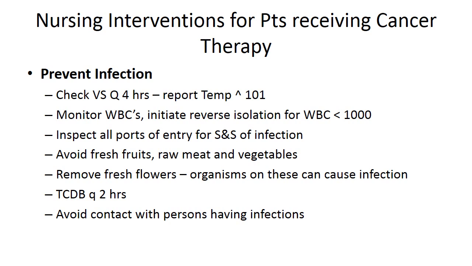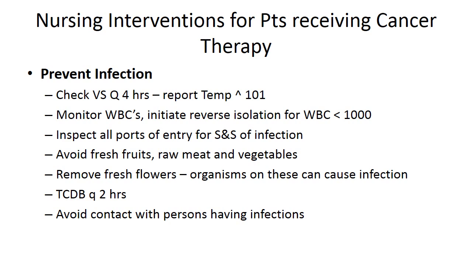Inspect all ports of entry for signs and symptoms of infection, including your IV sites, your central line insertion sites, your arterial lines, and your Foley catheters. We need to watch all of the ports of entry for any signs and symptoms of infection and report those immediately. Avoiding fresh fruits, raw meat, and fresh vegetables is always done with these patients because bacteria can be present on them and be introduced into the body.